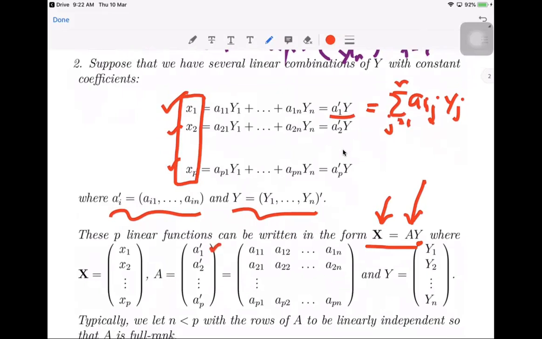and then your ai's here can be written in this manner, but these are actually row vectors. A1 prime are row vectors of this form. This one are row vectors of this form to cater these coefficients here, no? And so on and so forth.